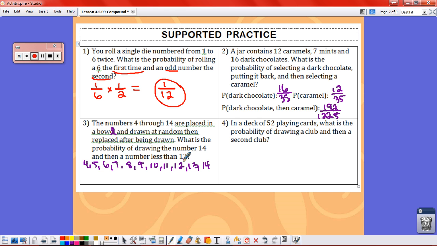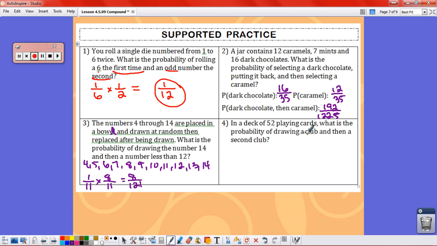So it's 11 numbers. 14 is 1 out of 11. And less than 12 is 1, 2, 3, 4, 5, 6, 7, 8 out of 11. Multiply. 1 times 8 is 8, and 11 times 11 is 121.